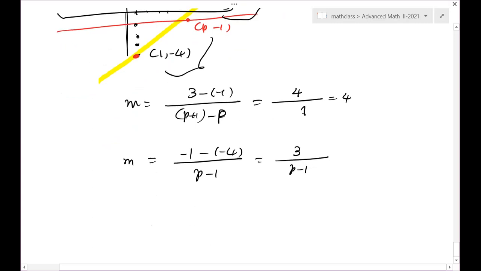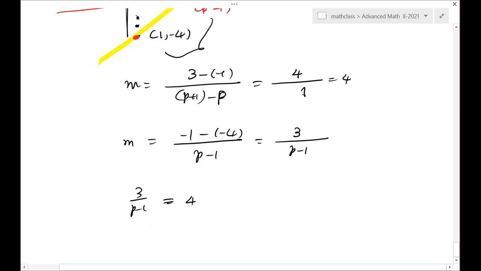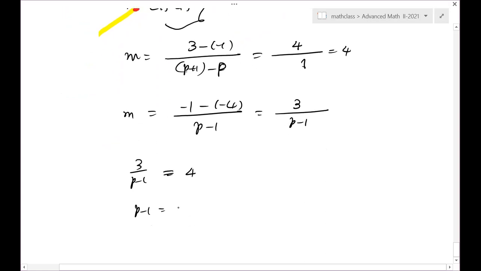So now the slope can be expressed in 2 forms. P minus 1 is 3 over 4, and P is 1 plus 3 over 4. It's going to be 7 over 3, 7 over 4, I'm sorry. So 7 over 4 is the value of P.